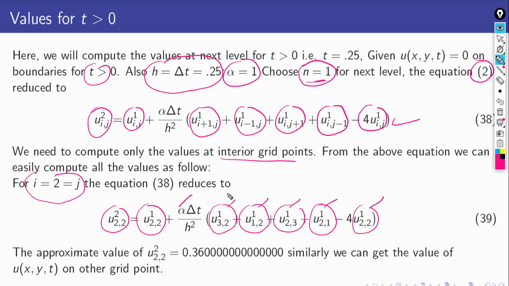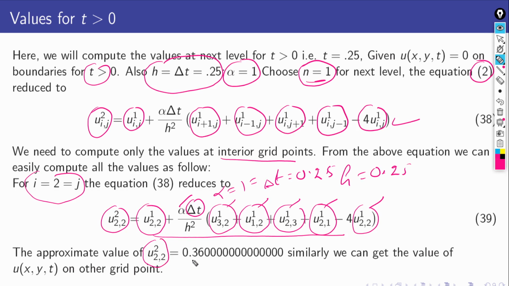We have the value of alpha equal to 1, delta t equal to 0.25, and the value of h is also 0.25. Now when you put all these values in the right hand side and simplify, you will get the value of u22, which is 0.36, and so on.